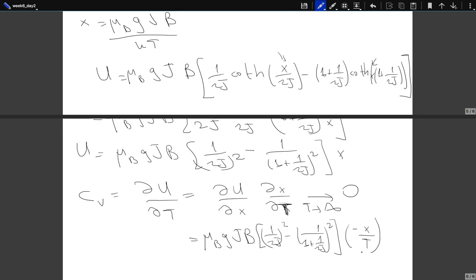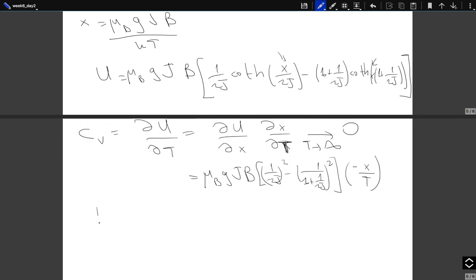This just goes to 0 at large temperature, the specific heat. Well, we already know that at T equal to 0, specific heat should also go to 0 from thermodynamics. Remember the third law of thermodynamics. So as T goes to 0, specific heat goes to 0 because the entropy goes to 0.